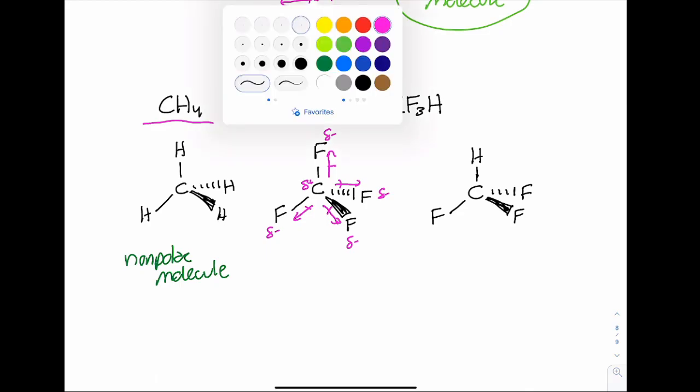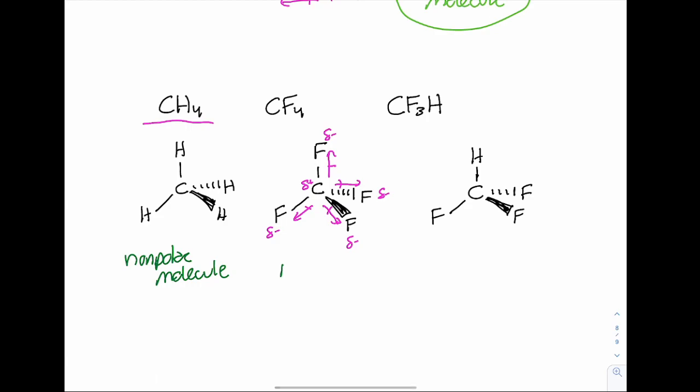So this one is actually also a nonpolar molecule, but for a different reason. All 4 of those are arranged symmetrically. They're going to cancel each other out. And it might be kind of hard to see, but I like to think of this kind of in groups of 2. So like these 2 are canceling with those 2.